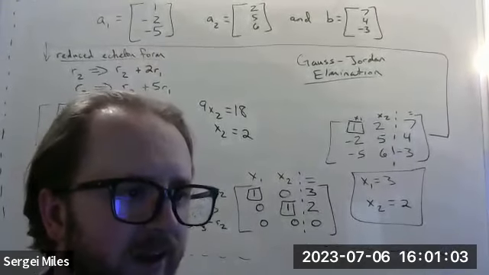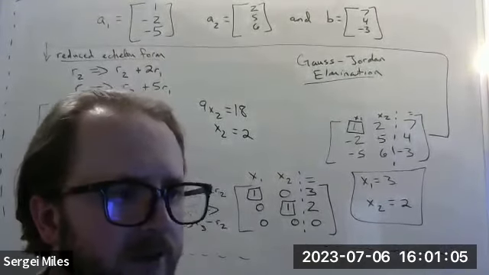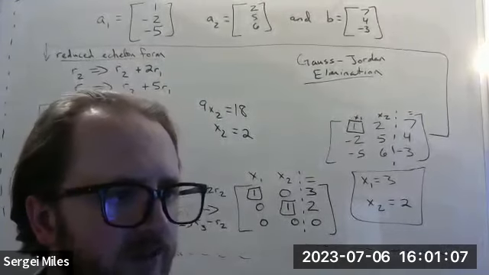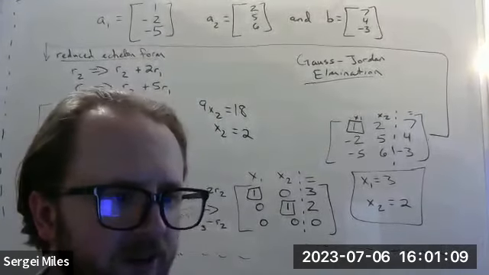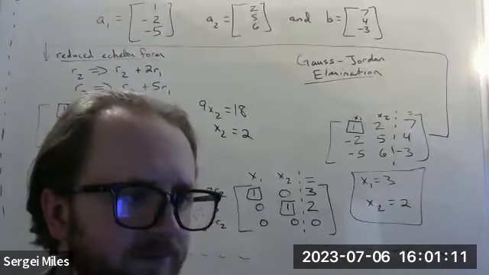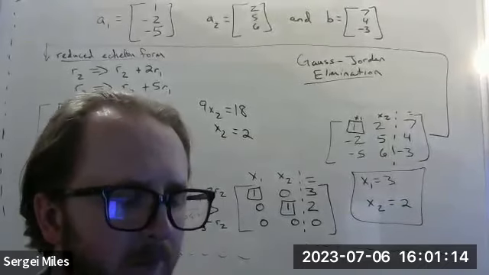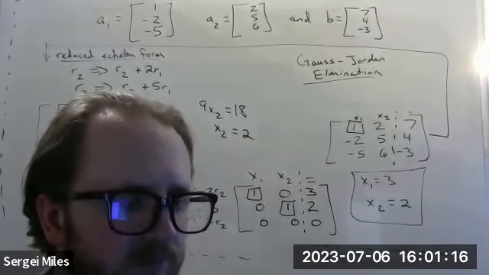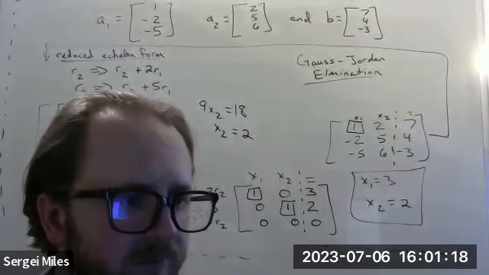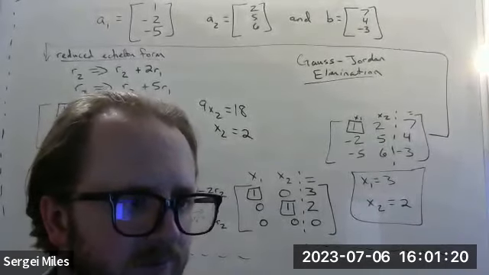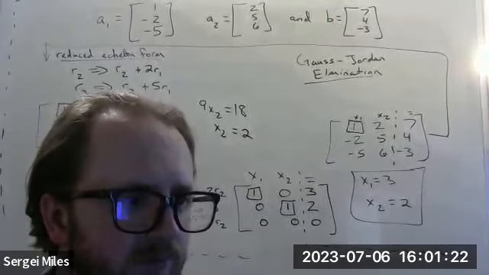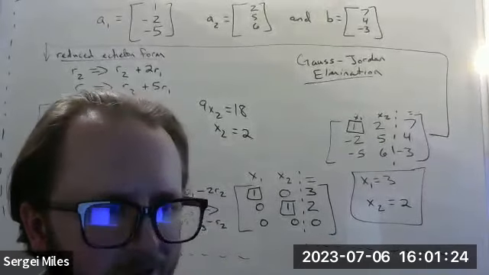We're looking at 1.3, trying to determine if different vectors are linear combinations or not.